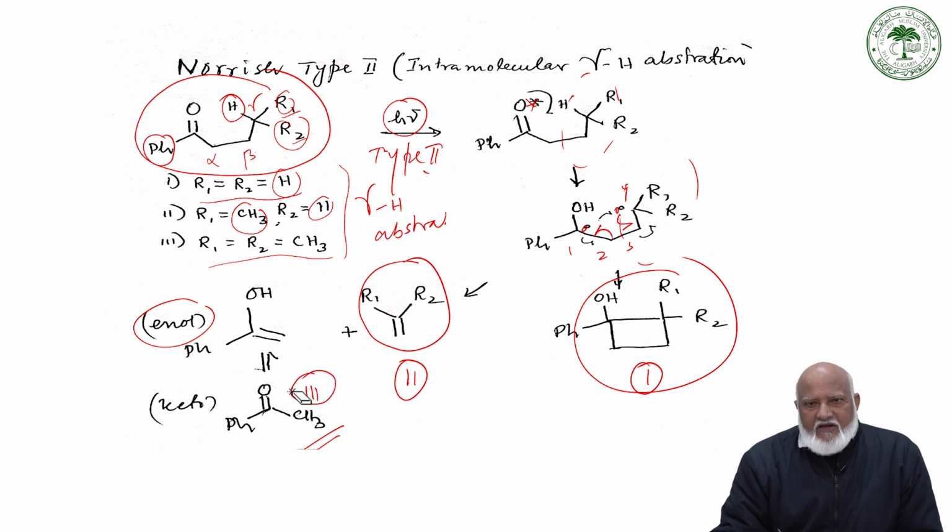So essentially, in type 2 reaction of aliphatic carbonyl compounds, whenever there is availability of gamma hydrogen, the excited carbonyl in the presence of light undergoes type 2 reaction. The excited carbonyl abstracts gamma hydrogen to generate a 1,4 diradical. The 1,4 diradical undergoes two different pathways.